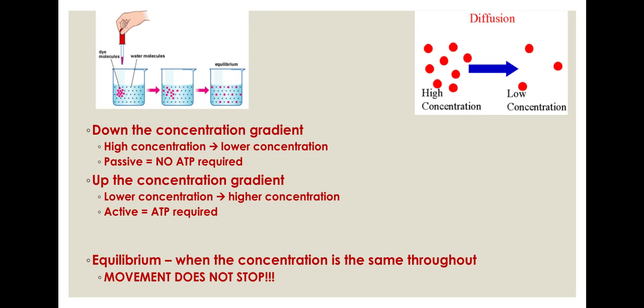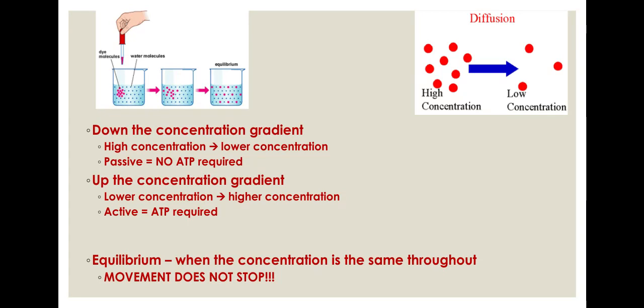And there is some physics in there with Brownian motion if you want to look that up more. But essentially, those particles want to get away from each other. If we have to move it back from that low concentration into a high concentration, that is going to require energy to do that. And those are our active processes.